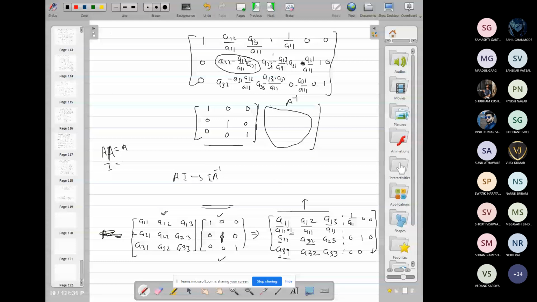So AI transforms into I A inverse. So here when this A becomes I, then the identity matrix becomes A inverse.